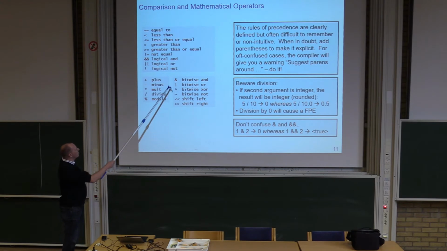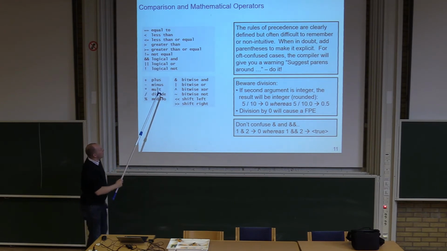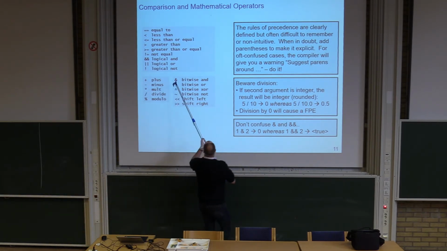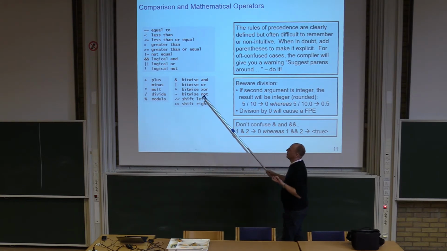You can also do bitwise operations here. So, for example, if you have just one ampersand and not two, as the logical AND meant, then if you have two variables, you take the bitwise AND between them.